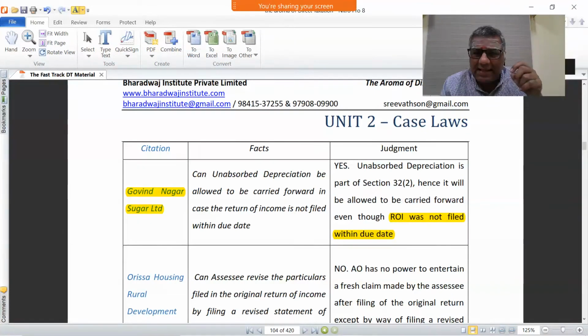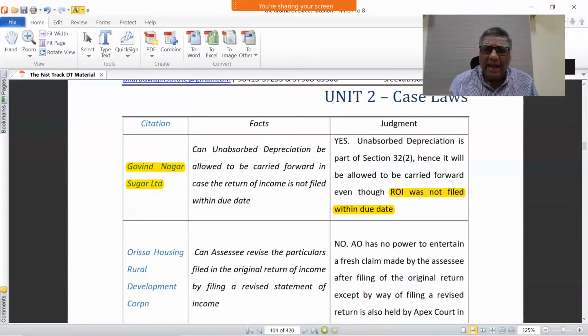The second case is something interesting. The assessee failed to claim a deduction, failed to claim an expenditure while filing the return of income. Can I claim it through a letter or other sort of intimation to the assessing officer? The answer is no. It can be only by filing a revised return.